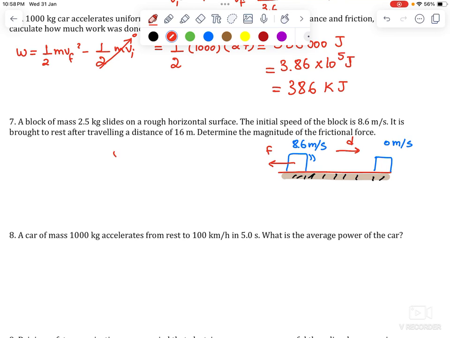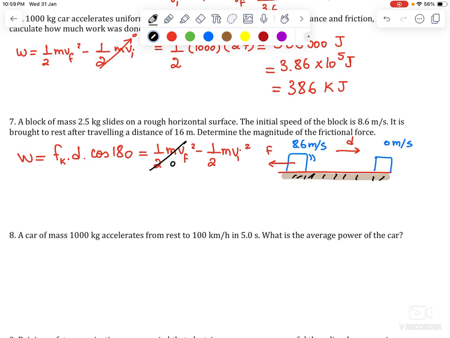I will simply use that the work is equal to the force of friction multiplied by the distance multiplied by cosine of 180, because they are opposite to each other. I will also use that it is equal to the change in the kinetic energy, and looking that it will stop eventually, the final will be equal to 0.